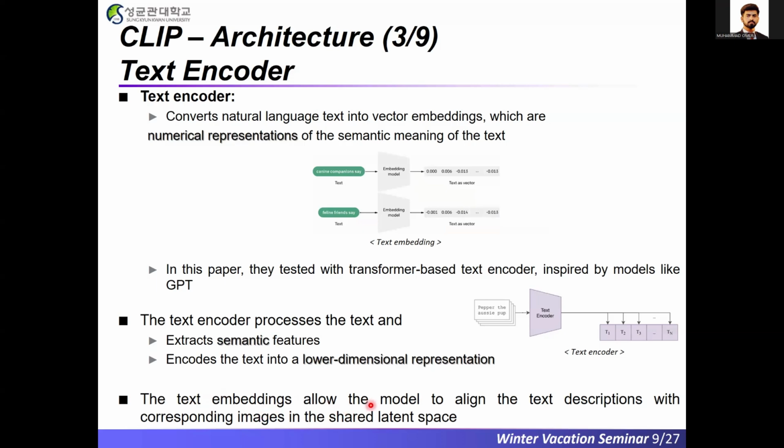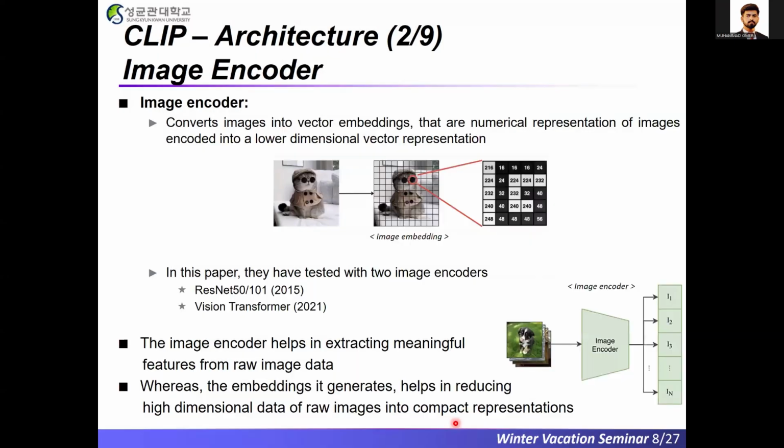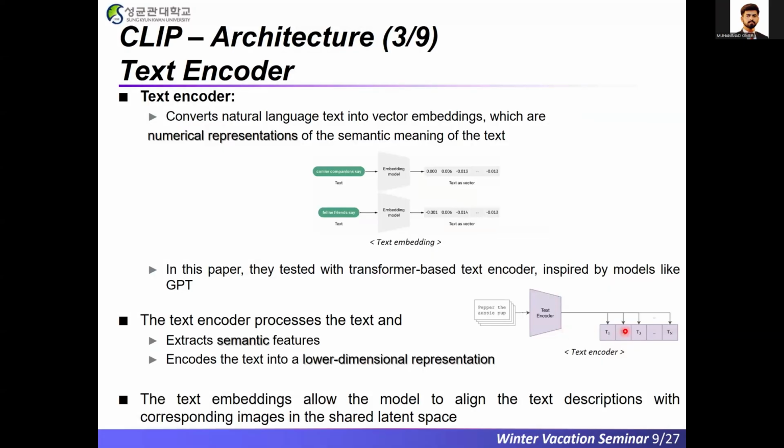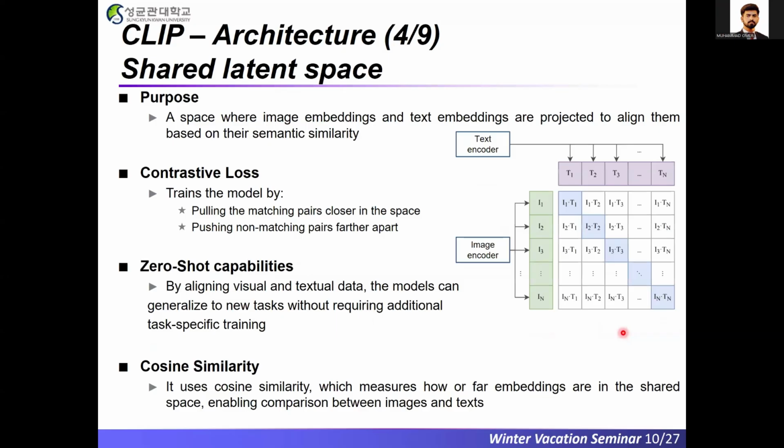The text embeddings allow the model to align the text descriptions with the corresponding images in the shared latent space. As we talked about earlier, we already made embeddings for the images, like I1, I2, I3, and here we form the embeddings for text as well, T1, T2, T3. Now, what is this shared latent space?